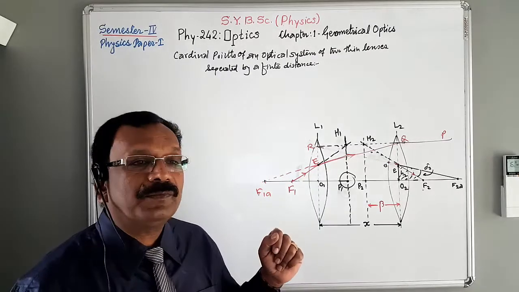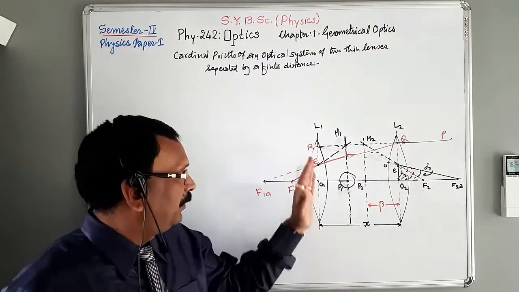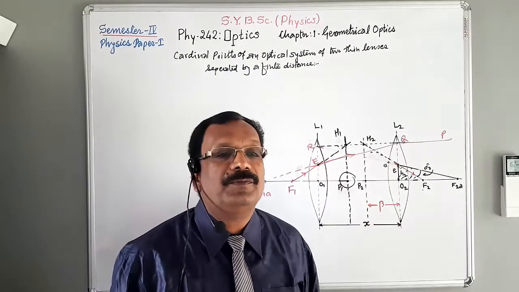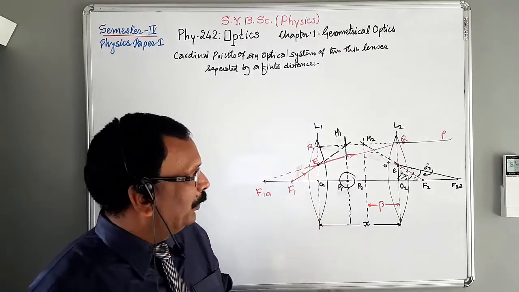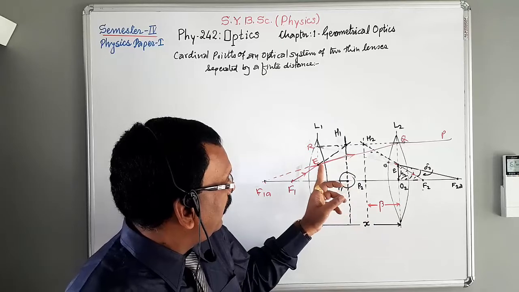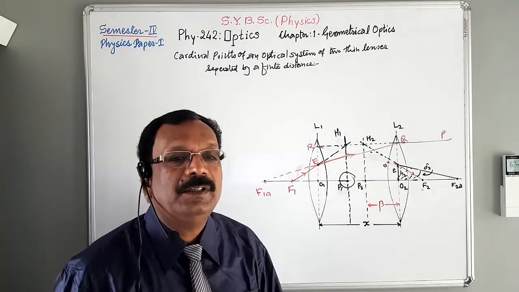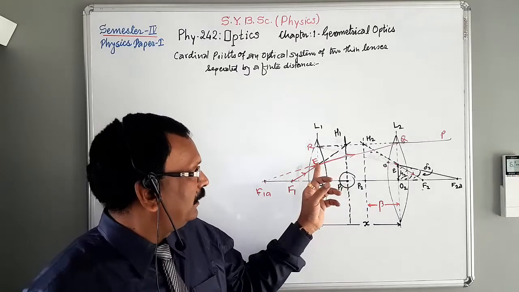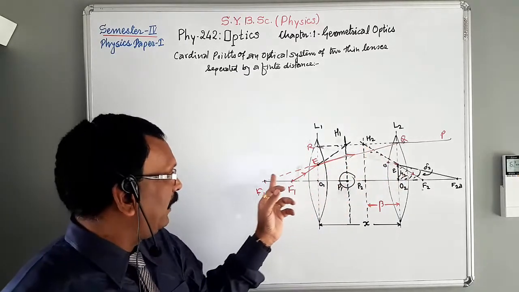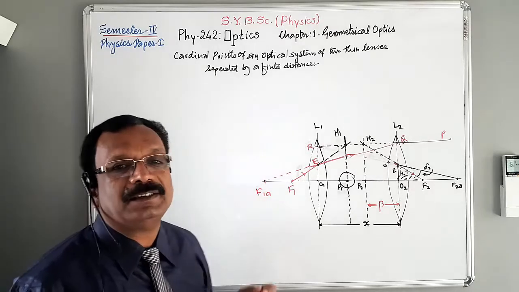Now we have to find out the position of P1 with respect to L1 and L2. When this ray EQ is produced backward, it comes to focus at point F1A on the principal axis.